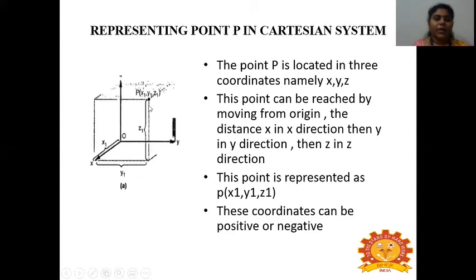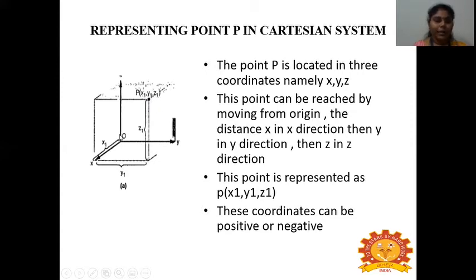we will discuss the Cartesian system and how we are going to represent a point using a Cartesian system. So here, consider this is the point P. This point P is located in the 3 coordinate axes, namely x, y and z.